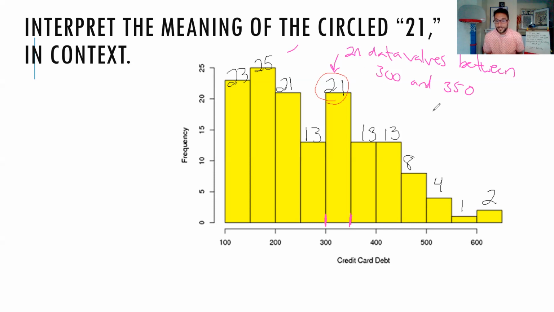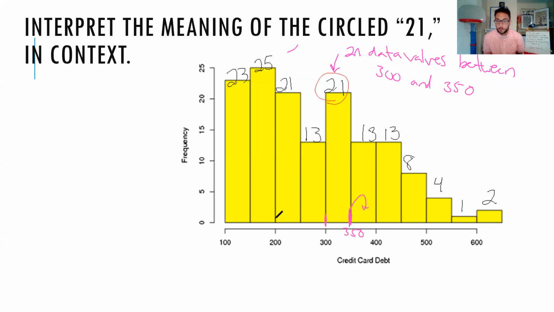But there's no way this is essentially correct because everything we write in stats has to be in context. One little side note, when I say between 300 and 350, and this is coming up in more depth in the next video, if a student had $350 of credit card debt, they would fall in the bin to the right.